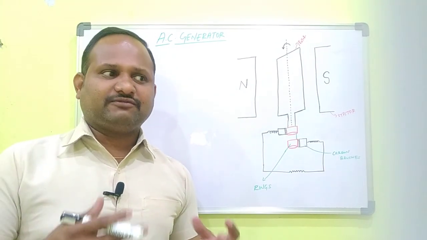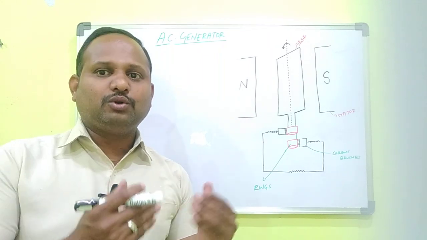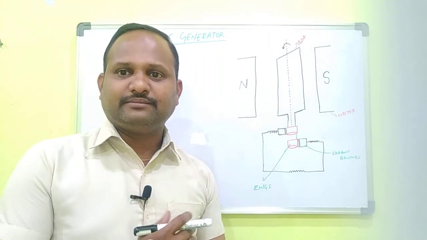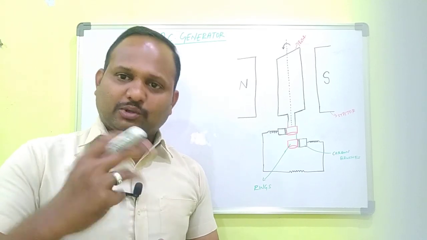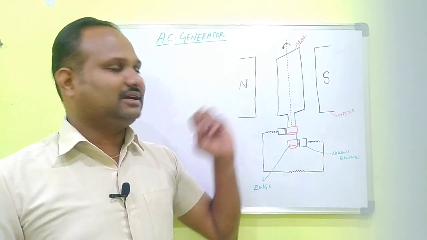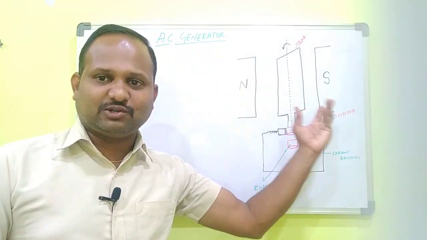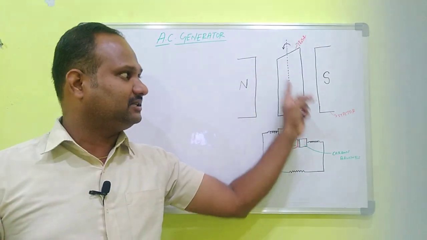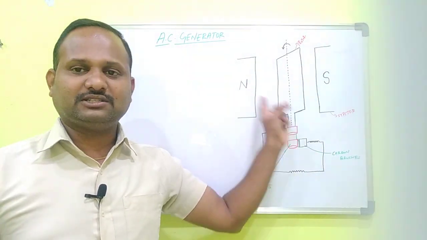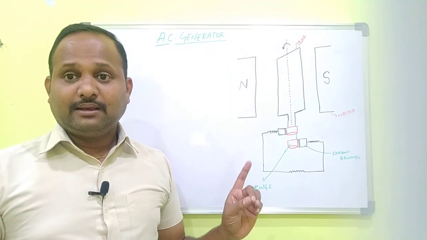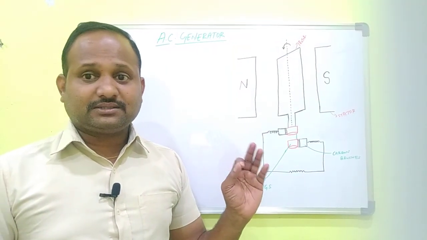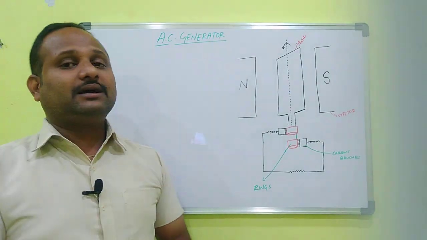A number of turns of copper wire means it contains negligible resistance. It is able to rotate, so the armature acts as a rotor. When we rotate it, it easily rotates. That is one of the important parts of the AC generator.